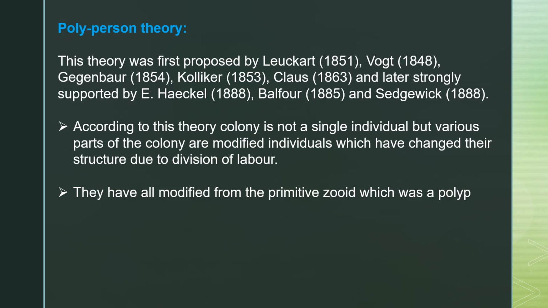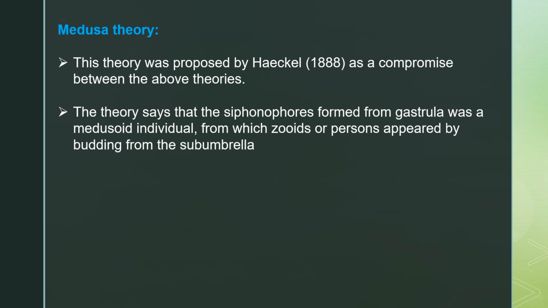They have all modified from the primitive zooid, which was a polyp. This theory was proposed by Haeckel as a compromise between the above theories. The medusa theory says that the siphonophore formed from a gastrula was a medusoid individual from which zooids or persons appeared by budding from the subumbrella.